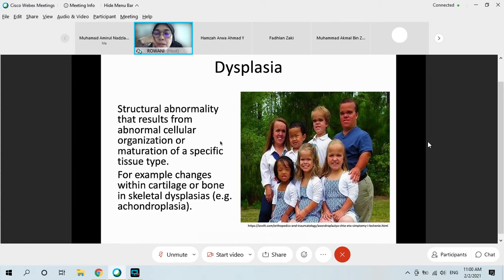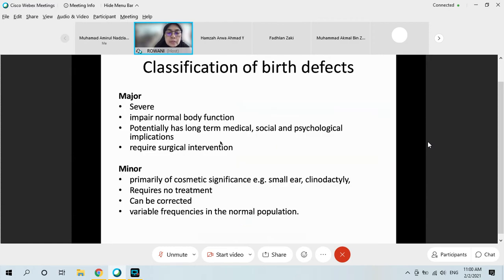What happened is that the cell structure of the bone, the growth cartilage, is not normal. That results in the bone not being able to grow normally. So you call this skeletal dysplasia.